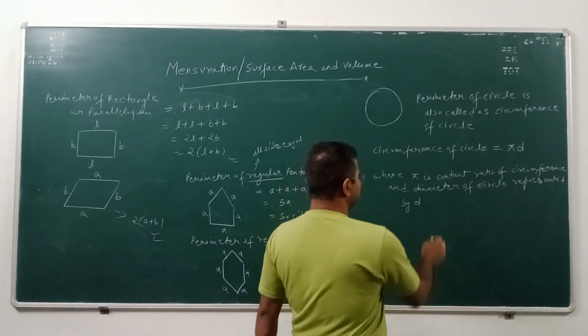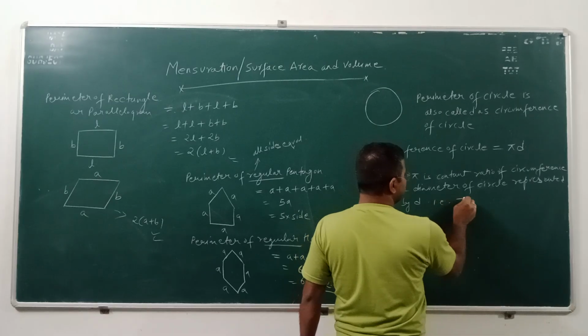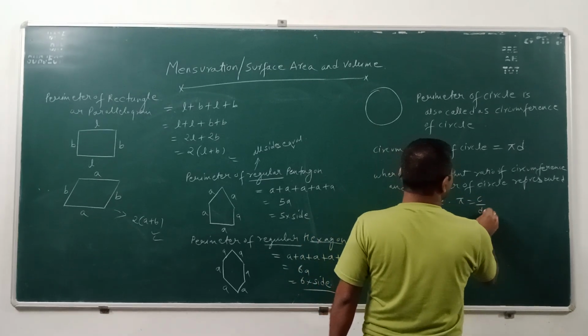Okay, so pi will be what? Pi is equal to c upon d.